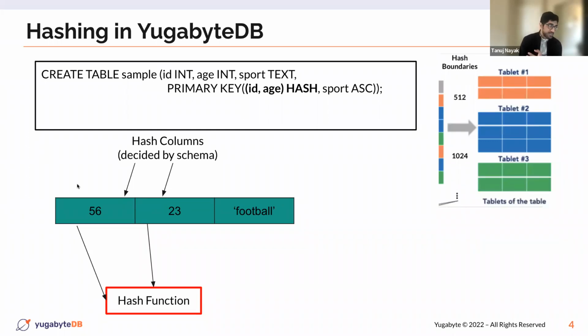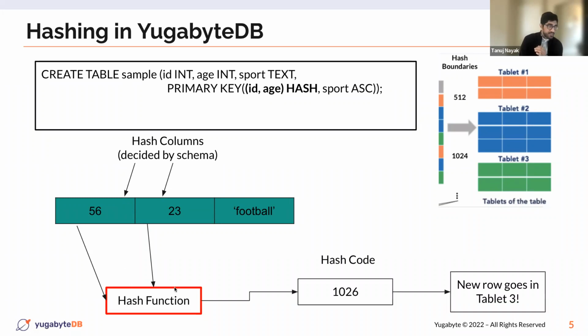For a row, we take the values inside the hash columns and feed them into a special function that spits out the hash value for that row. In this example, the hash code is 1026. The inner workings of that hash function, how we got 1026, are not important for now. But via our mechanism from earlier, this row, whose value is 1026, should go in tablet 3 by our demarcations here.